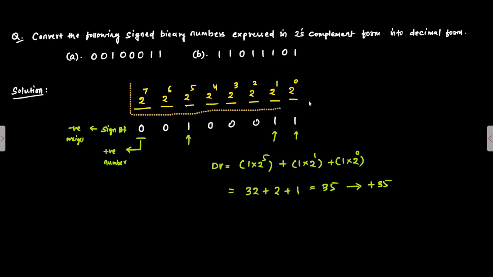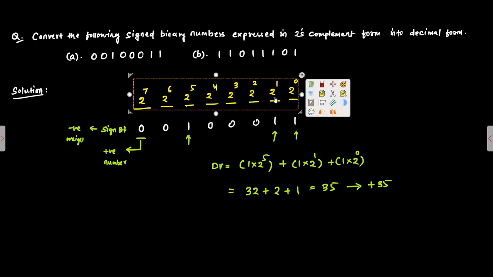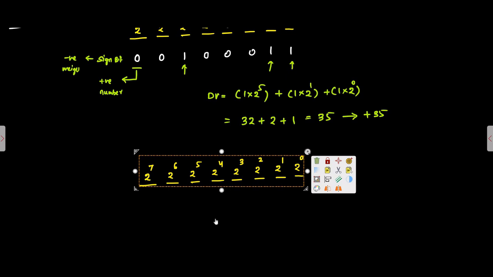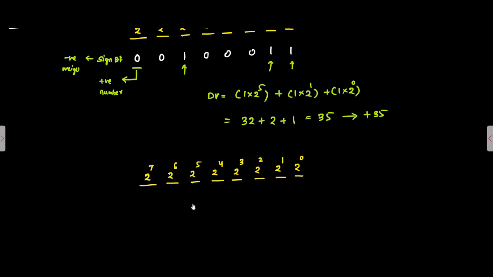Now for the other signed binary number, let us copy this bit position. So here we have copied the bit position. Now the second signed binary number is 1 1 0 1 1 1 0 1.